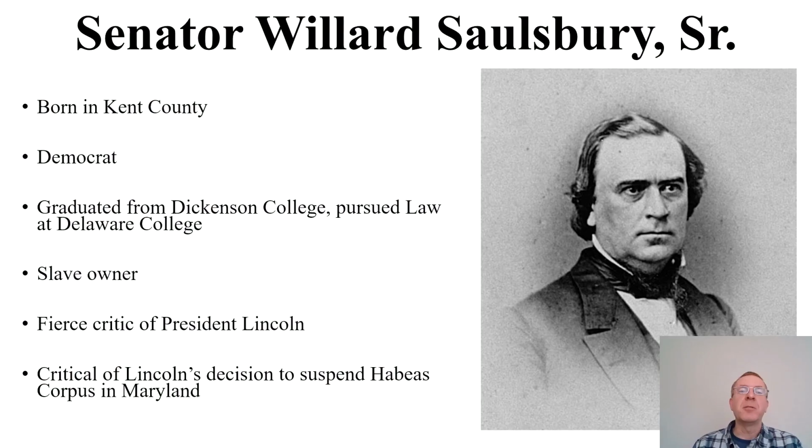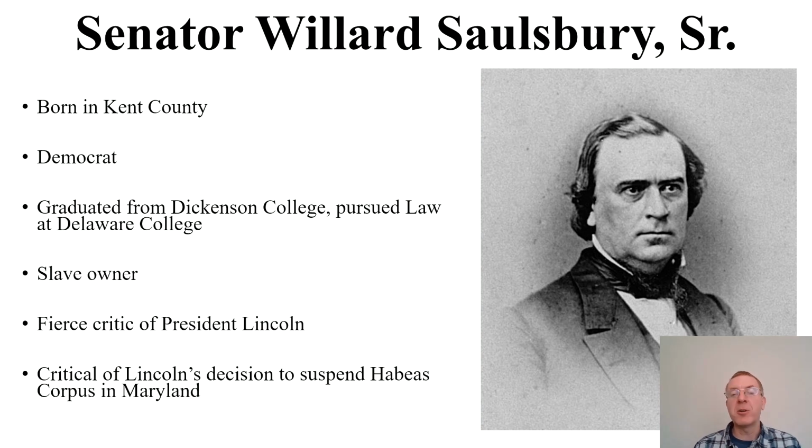The other senator is Willard Salisbury Sr. So he is born in Kent County, so one of the more southern-leaning counties. He is a Democrat, like Baird, and he is a graduate of Dickinson College and pursued a law degree from Delaware College. He was also a slave owner, an indication of where this is going to go.